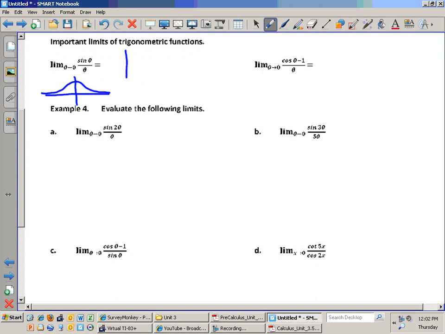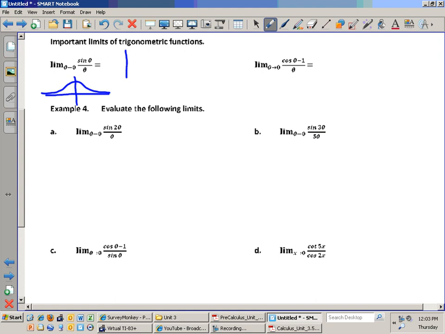The limit as theta approaches 0 of sine of theta over theta is equal to 1. We could prove that using the sandwich theorem, which we've left out. I'd be happy to revisit it, but we would have to wait to make sure we have enough time to get through the rest of our stuff in this course.